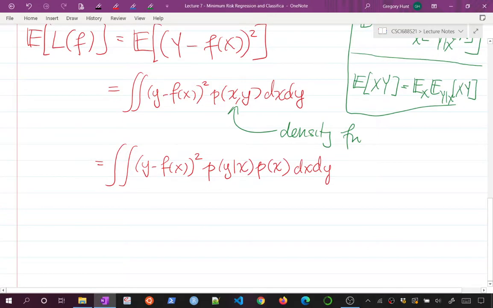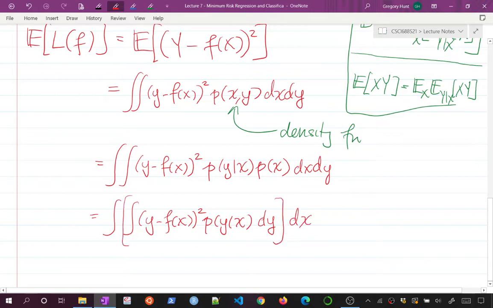And then I can just play some rearrangement game here. I have an integral, I have another integral. So this is basically the proof of iterated expectation. And then I have my density of y given x. The reason I didn't use f for density is obvious, we have this other f here, so I'll use p for probability. I'm going to put my dy here, bring that in. So this is my inner integral, and then I have dx here.